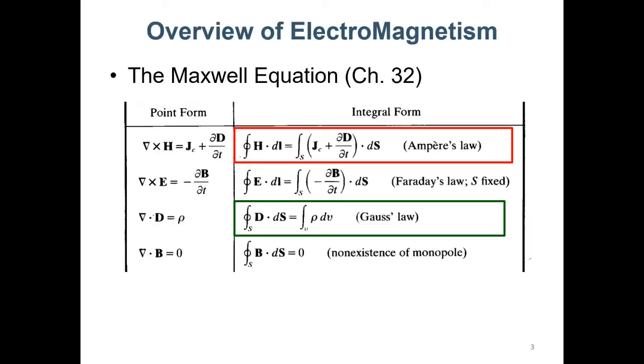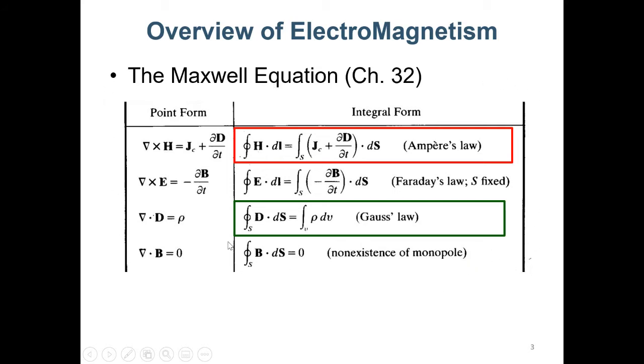I suppose you have seen this in chapter 23. At that time you learned Gauss's law, although at that time we wrote it with epsilon 0, and with E rather than D, but actually it's the same. Although this notation is not used in this textbook, I use it to let you know that this is the Maxwell equation.